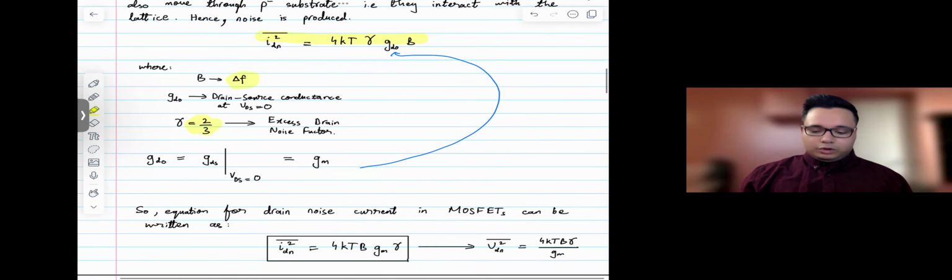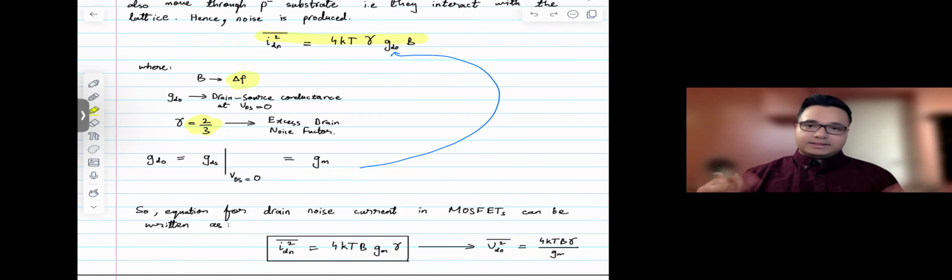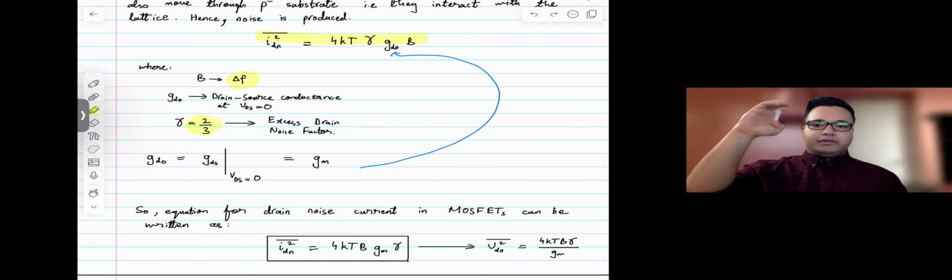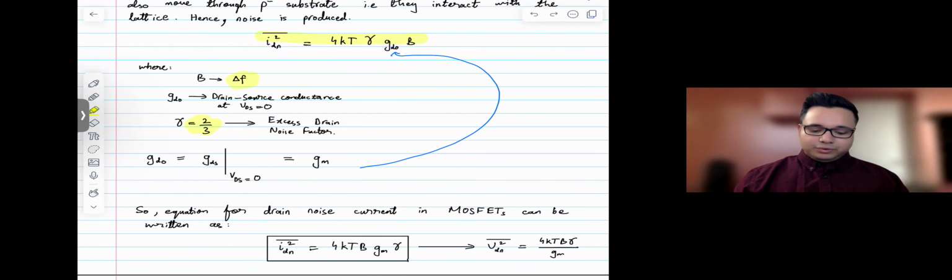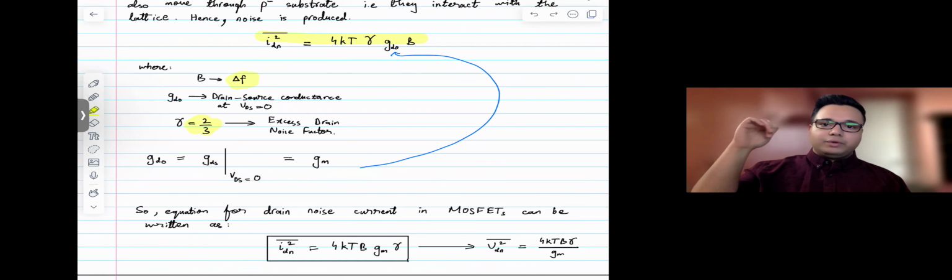Another thing I wanted to mention is Gd0, this drain source conductance, which is GDS at VDS equals 0. GDS is like a derivative of the drain current with respect to VDS, right? If you take that derivative and then insert VDS equals 0 in that partial derivative, you'll end up with an expression which equals gm.